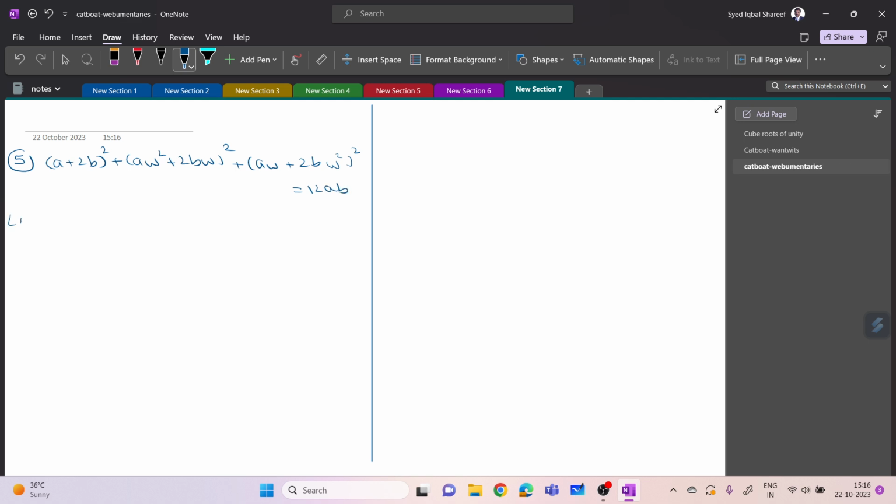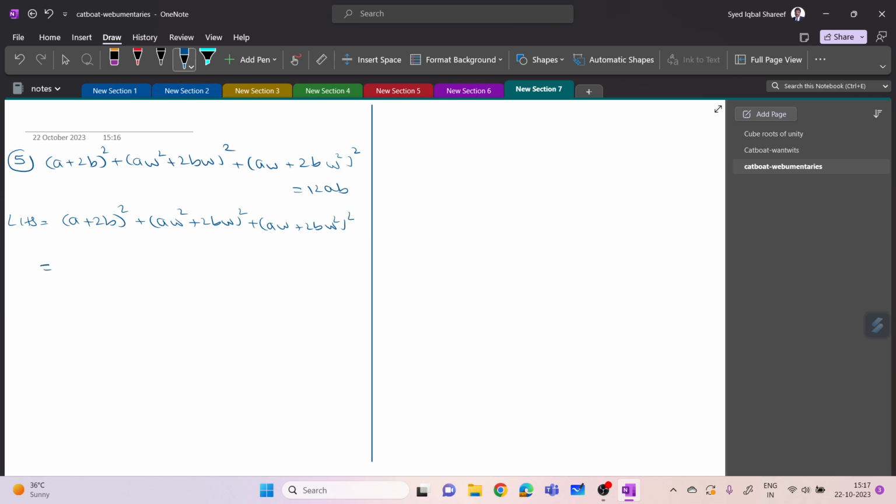So our left hand side is a plus 2b whole square plus a omega square plus 2b omega whole square plus a omega plus 2b omega square whole square.